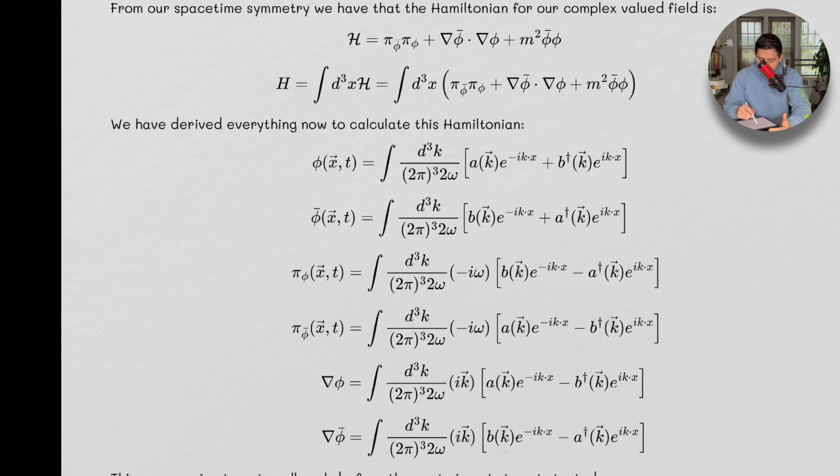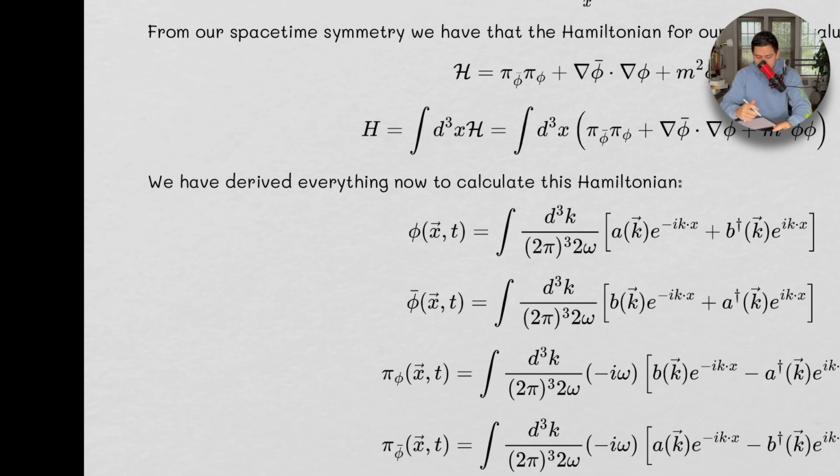Inside some space-time volume, we have a Hamiltonian. This is our Hamiltonian density, and integrating it over the volume gives our total Hamiltonian for the field inside that volume. The picture we want to keep in mind is that we have some volume, given to us by this thing here, and we have our quantum field inside this volume.